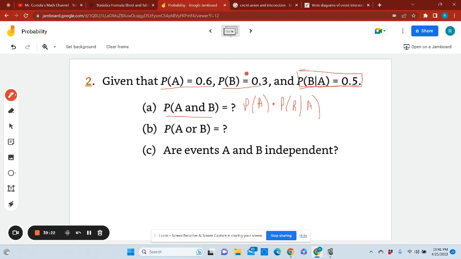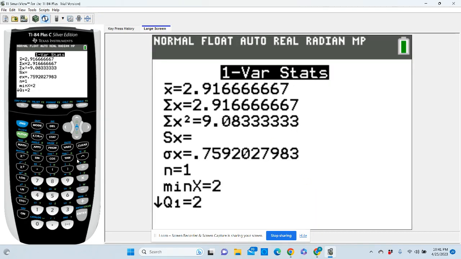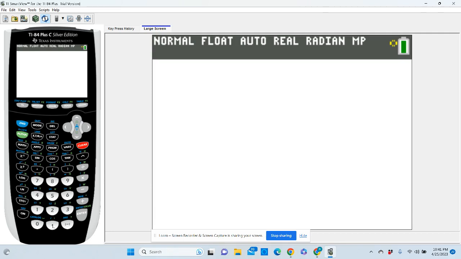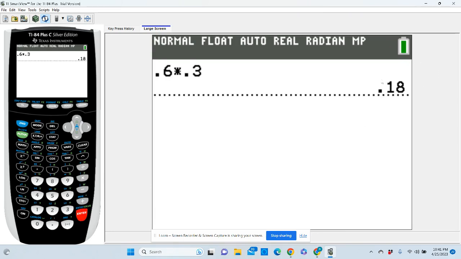But since they give me the probability of B given A, and they tell me it's 0.5. If these were independent, right, I could just multiply them together, 0.6 times 0.3. When two events are independent, you can just multiply their probabilities.